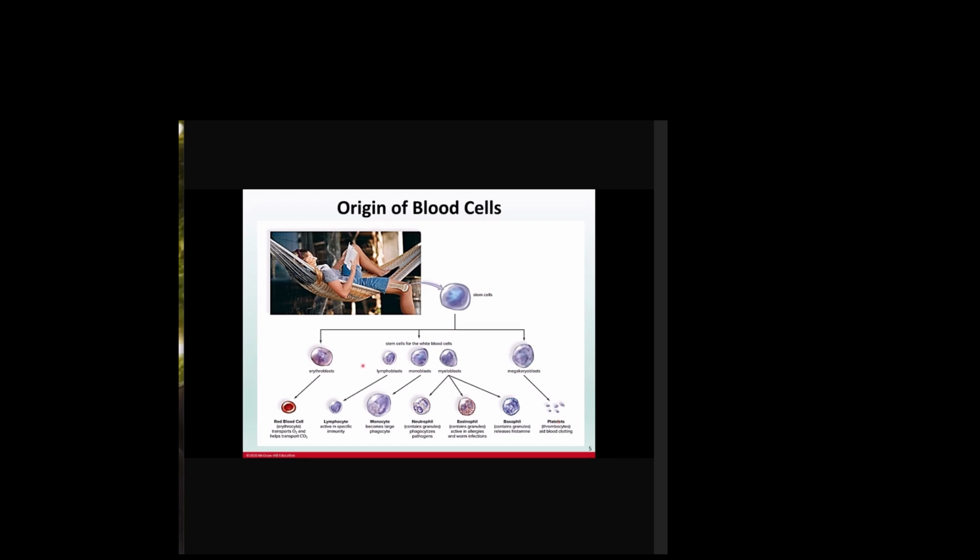So let's say we are running low of red blood cells. A chemical will be produced by our kidneys that will go now and tell these cells, hey, listen, divide.